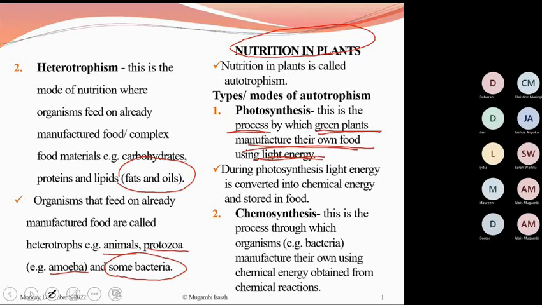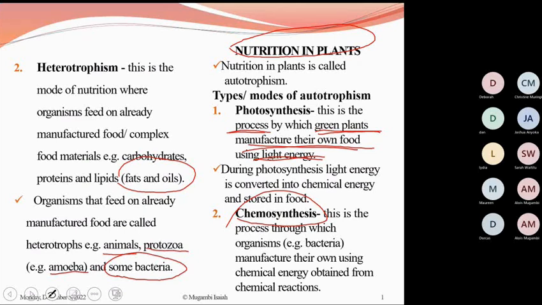The other type of autotrophism is chemosynthesis. This is where bacteria manufacture their own food using chemical energy obtained from chemical reactions.